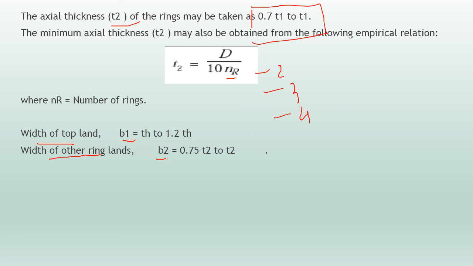Okay, you have to use these empirical relations for calculating the minimum axial thickness, then the top land, width of other ring lands, that is B1 and B2, then T1 and T2, and so on. Okay, and finally you have to find out the gap between the free ends, which is given by 3.5 T1 to 4 T1.